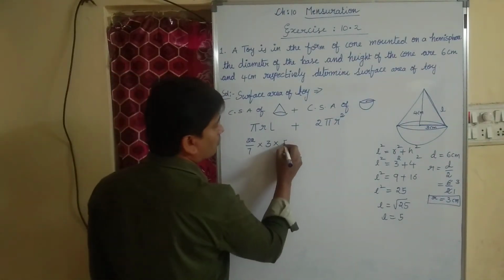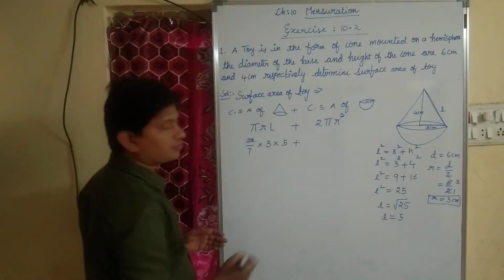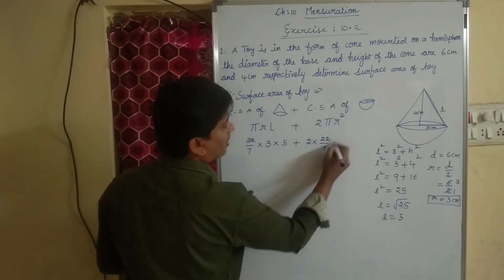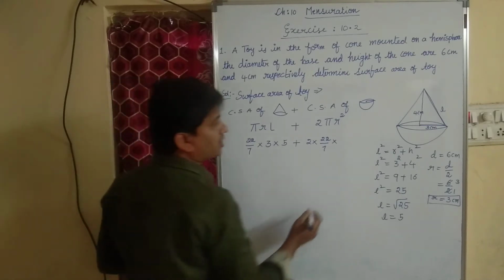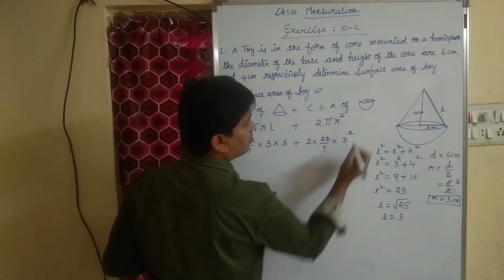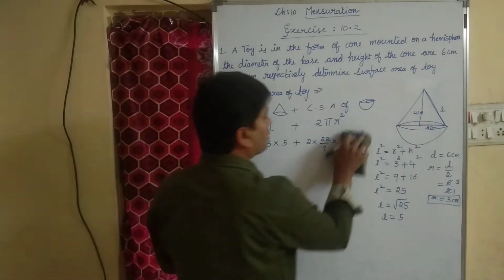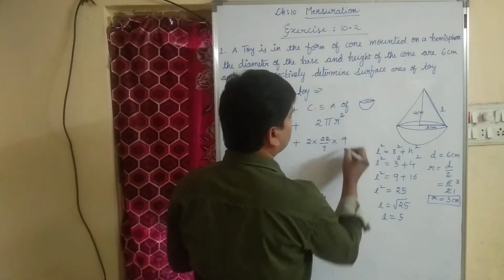Which is equal to 5 centimeters, right? So l value 5, plus 2 into pi, which is 22 by 7, into radius 3 centimeters, I mean 3 square. What is the value of 3 square? 3 square is 9.